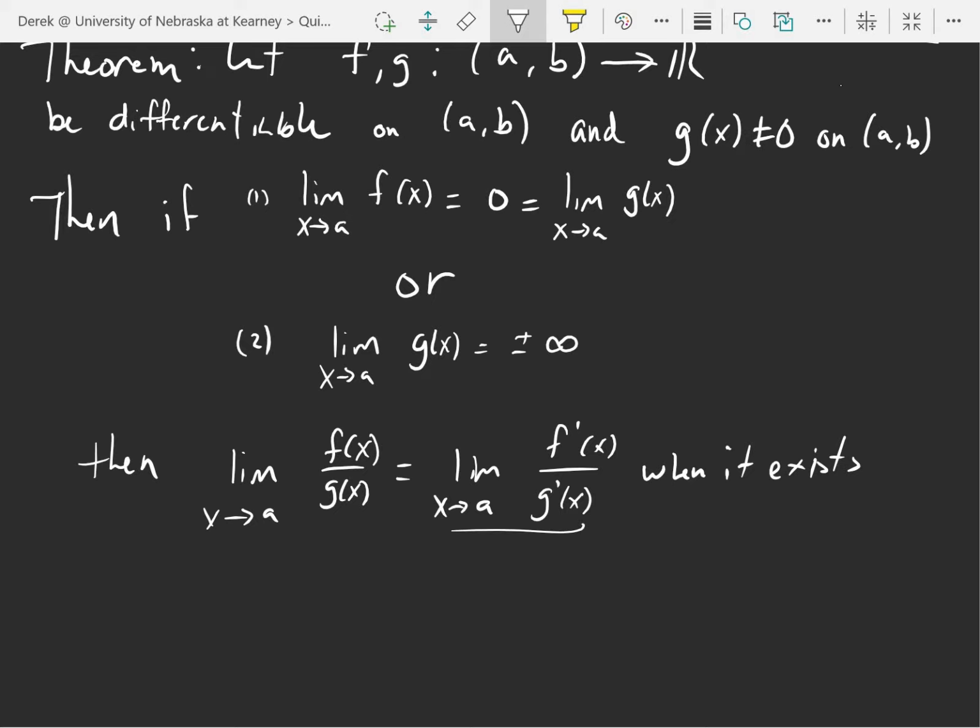So if this limit exists, this limit is equal to the same thing. Okay. Note, instead of x going to a, we could replace it with x going to b.